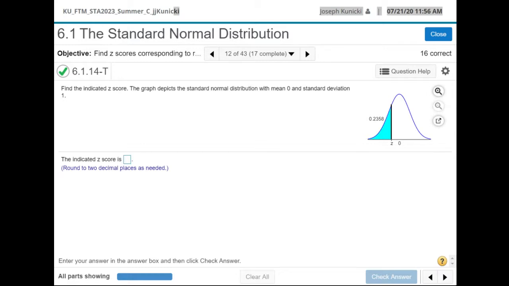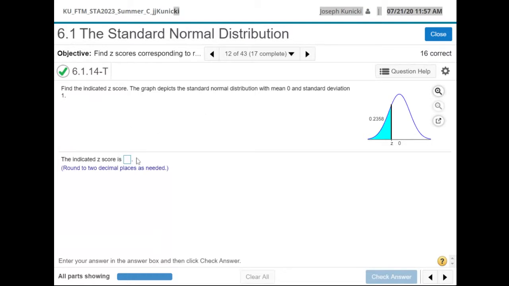Okay. Now it should say normal PDF, normal CDF, and then inverse norm. Yes. So hit number 3 and plug in the value, 0.2358. 0.2358, enter. Did you get negative 0.72?